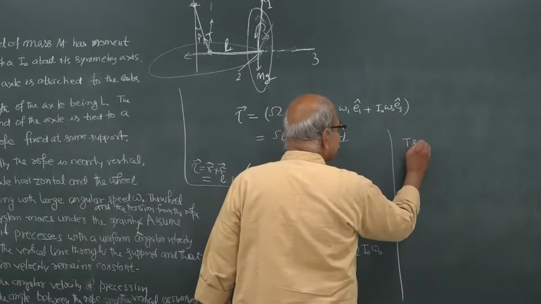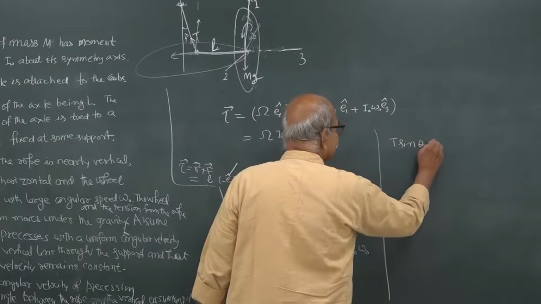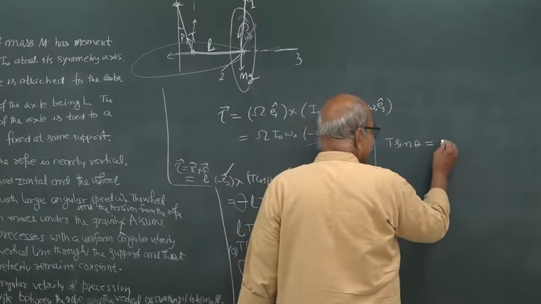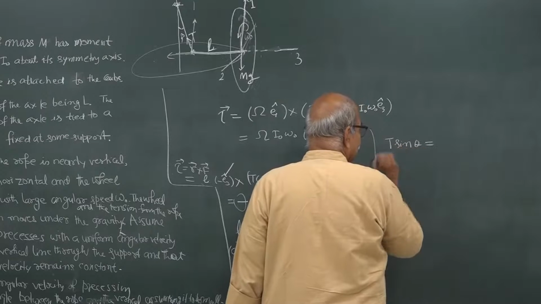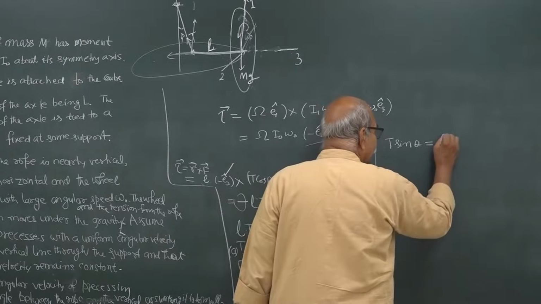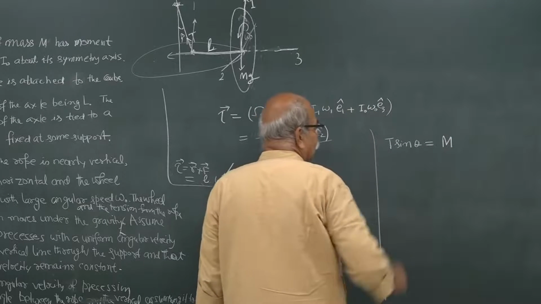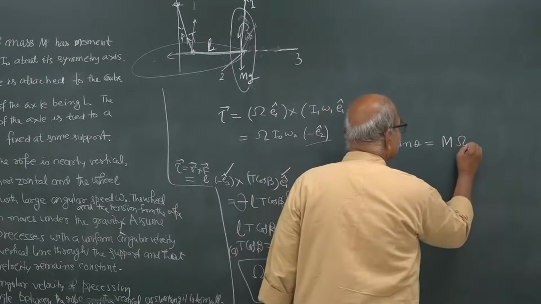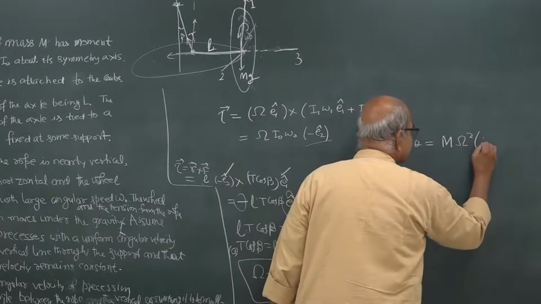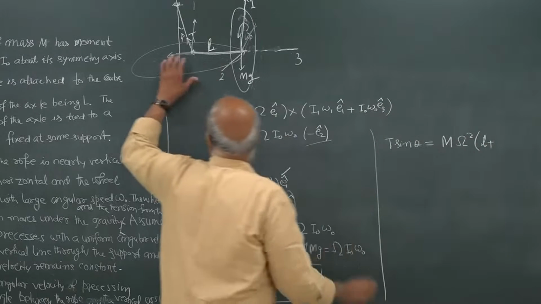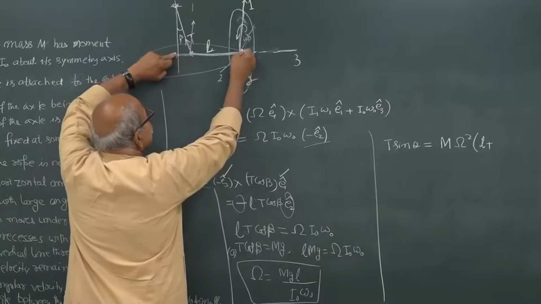So, T sin beta should be equal to, and that you know how much it is. T sin beta is a force, and that is mass into omega square into radius, and radius is L plus, this is the center of this circle.